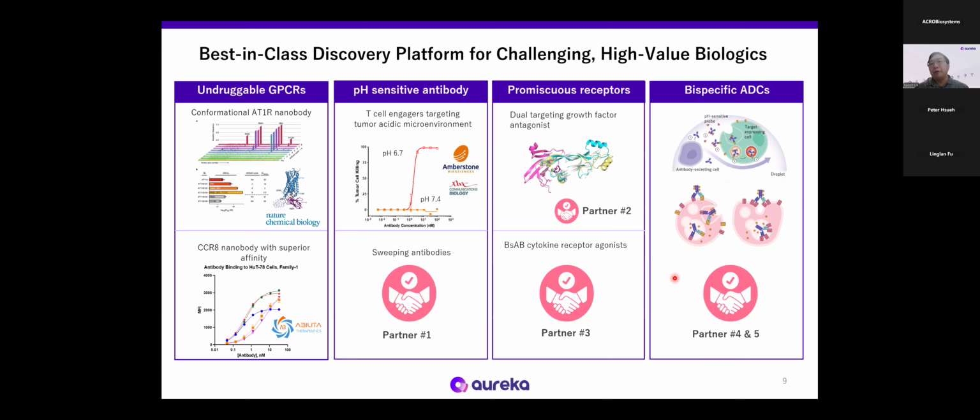We have been using different modalities on this platform in very integrated manners for different projects, for example, work on undruggable GPCRs, discovery of pH-sensitive antibodies, polyspecific receptor drug screening, and bispecific ADC screenings. I'm going to go through some of the case studies that we have achieved with our partners.